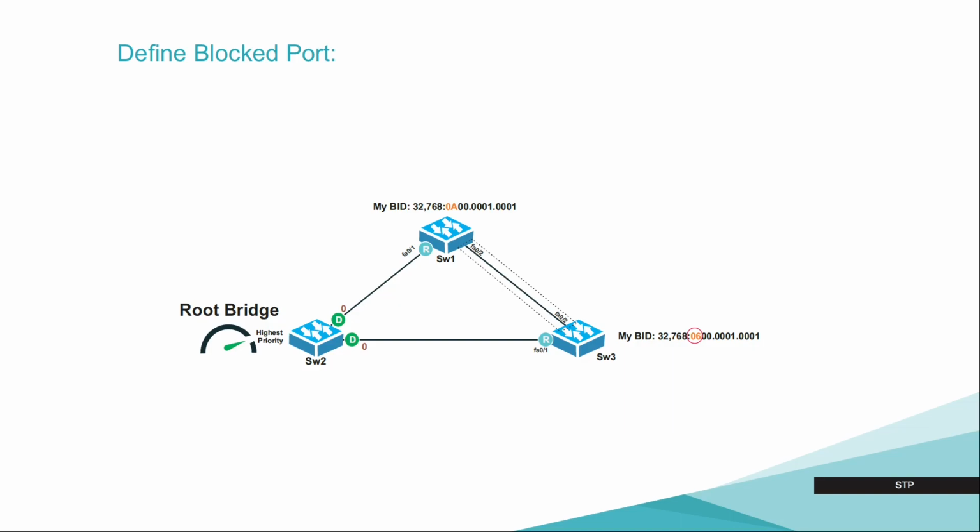So switch 3 has a lower bridge ID than switch 1. The result is that switch 1 interface FastEthernet 0/2 will be plugged and switch 3 interface FastEthernet 0/2 will be designated forward.